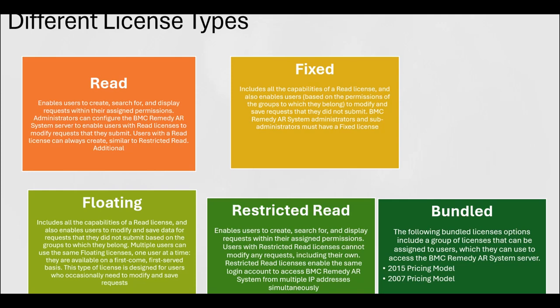For example, when you purchase a license from BMC, they will give you a bundled license. For example, you can use a bundle license with incident, problem, change. Then you will have fixed and floating licenses in the system. But when you configure it, you have only these four options.